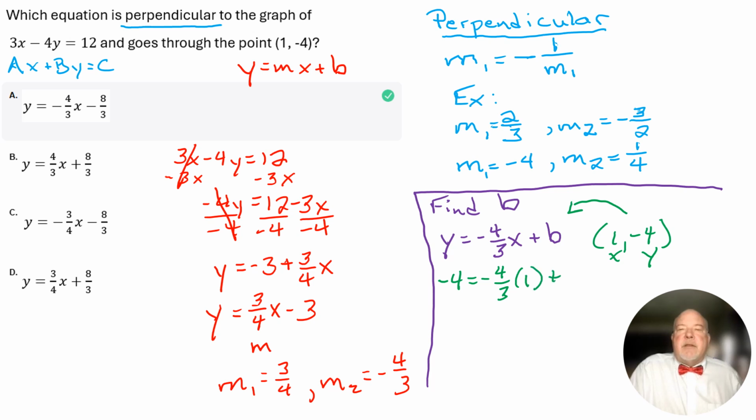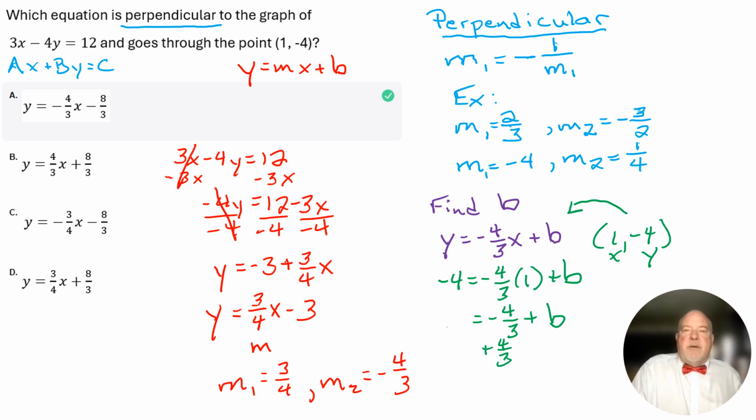That's nice. So now I have negative 4 equals negative 4/3 plus b. Solve this for b by adding 4/3 to both sides. Plus 4/3, plus 4/3.